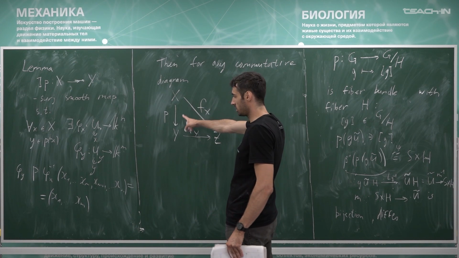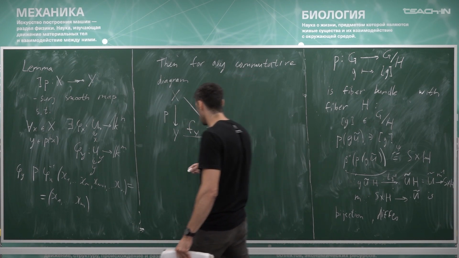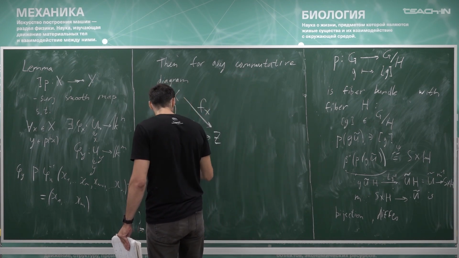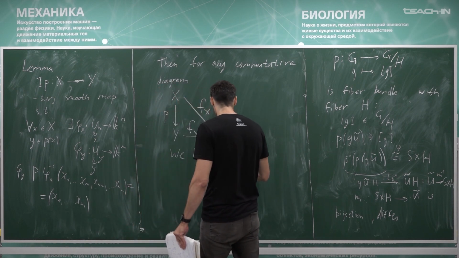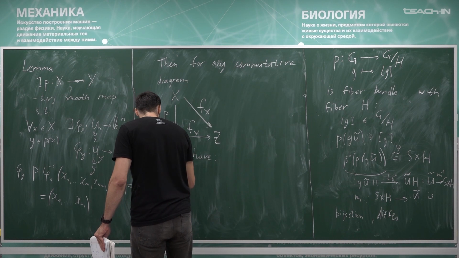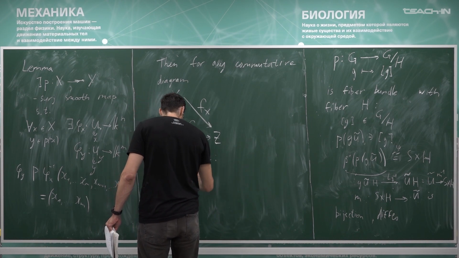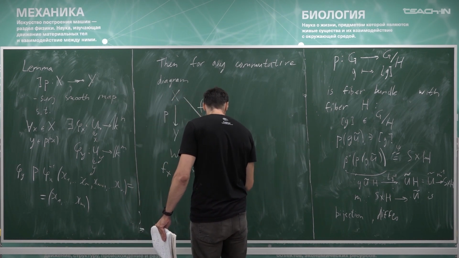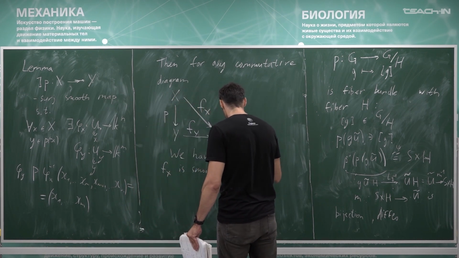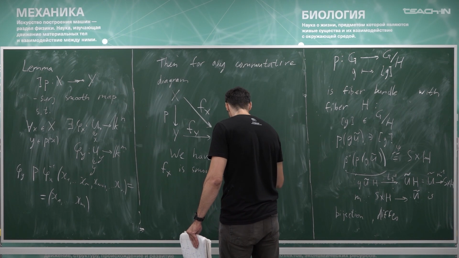For any triangle like this, f x is smooth if and only if f y is smooth.